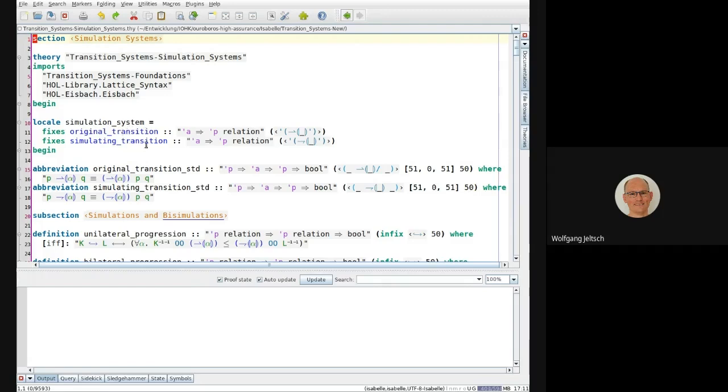So one would be that both are strong, the other one would be that both are weak, and then that the original transition is strong, the simulating transition is weak, and finally that the original one is weak and the simulating is strong. And this last one doesn't really play any role. I don't know if this makes any practical sense, but the other three ones, they do play a role.